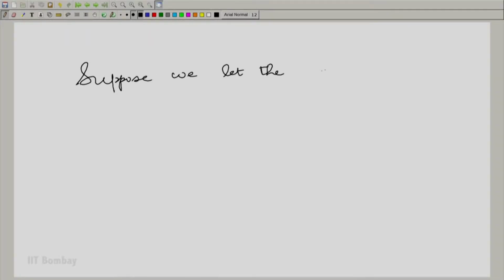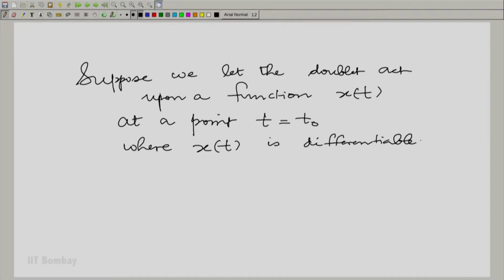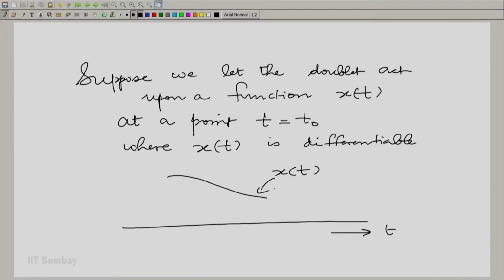If you think about it, suppose you applied this doublet upon a function x(t) at a point, say t equal to t0, where x(t) is differentiable. Let us visualize the situation. You have this x(t), this is the point t equal to t0, and you put this doublet there.